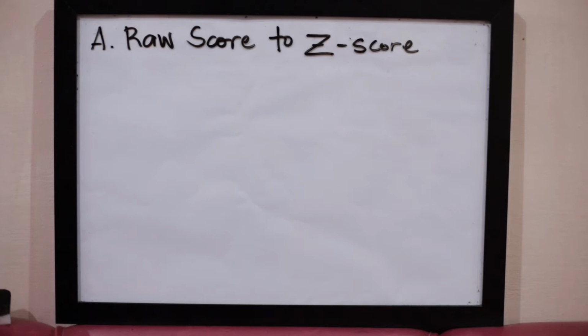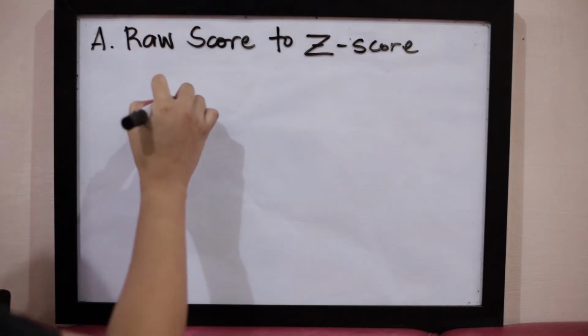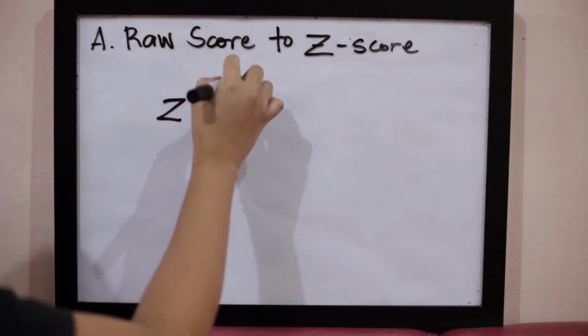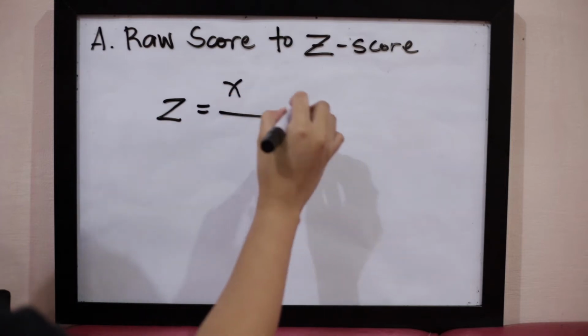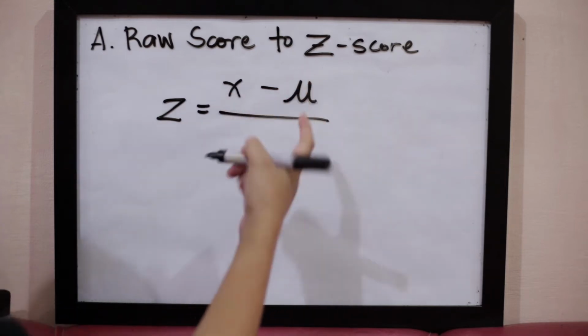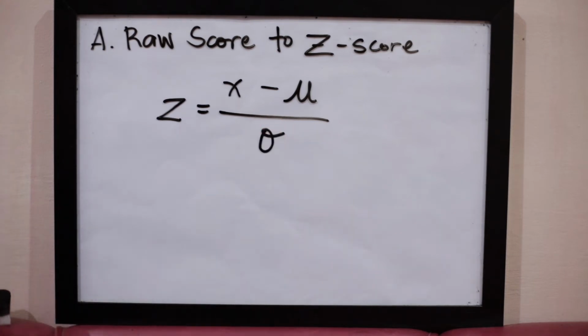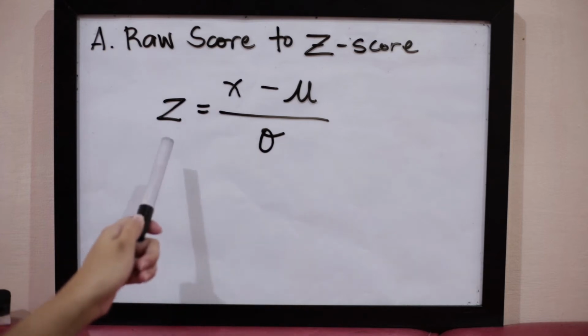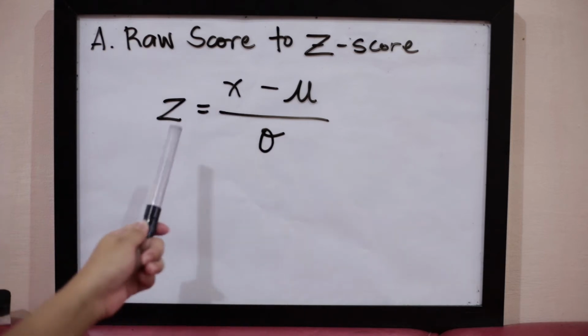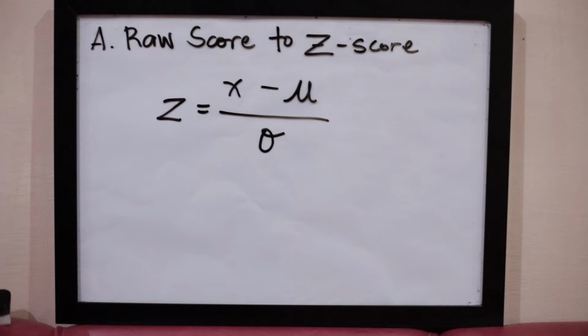In converting a raw score to a z-score, we will use the formula z is equal to x minus the mean, or mu, all over the standard deviation, where x is our raw score. These three values are already given, and all you have to do is look for the z-score.